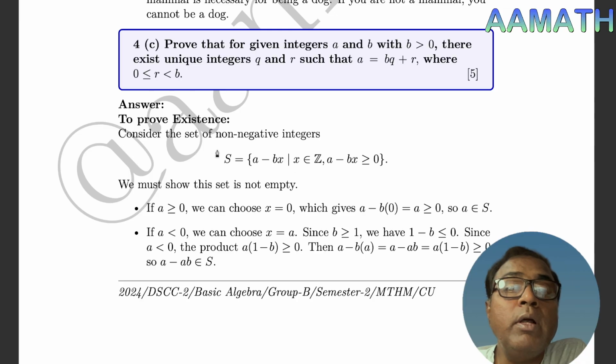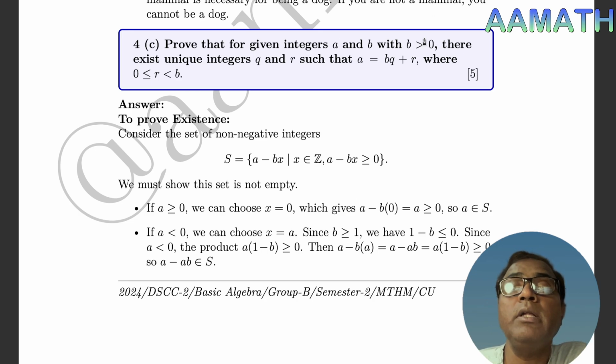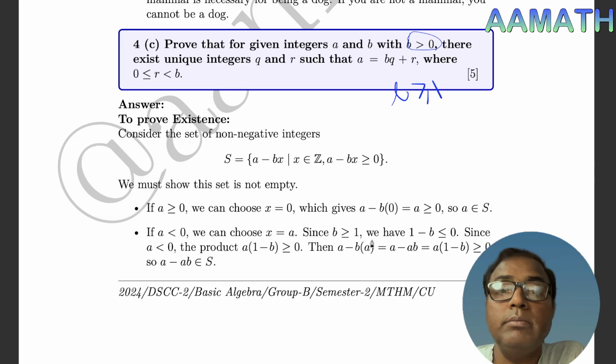The elements of S are of the type a minus bx, where a minus bx is greater than or equal to 0 and x belongs to Z, so a belongs to S. If a less than 0, we can choose x equal to a, and since b greater than or equal to 1, this condition may be wrong.